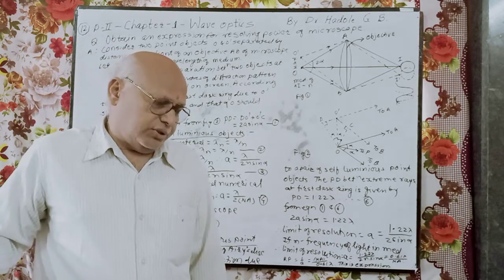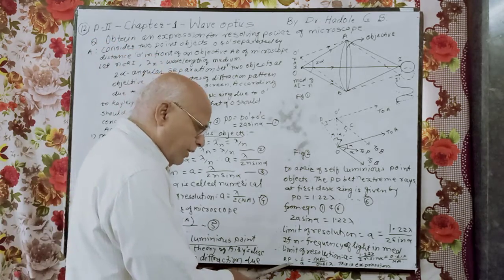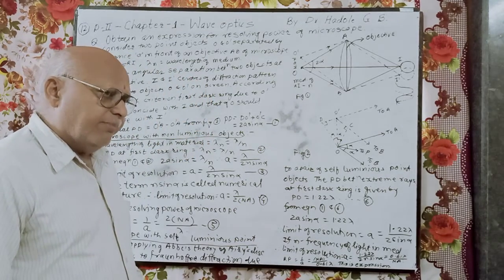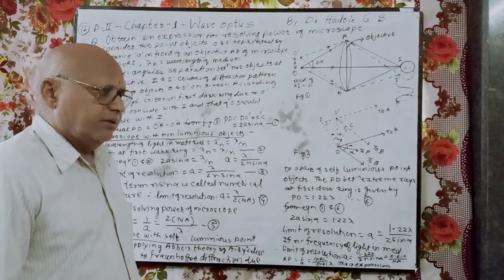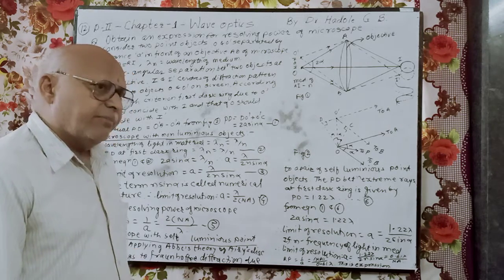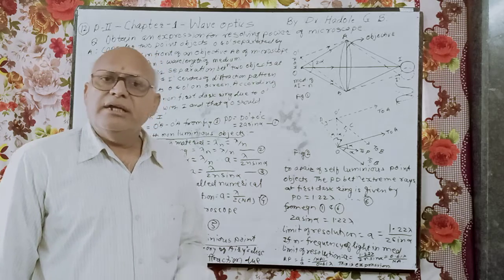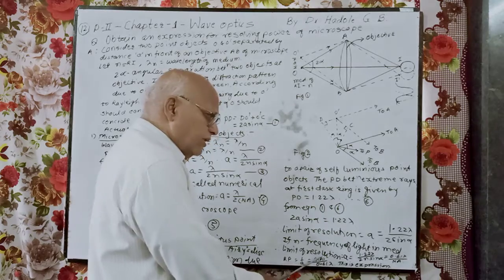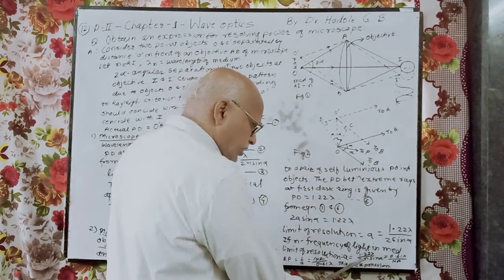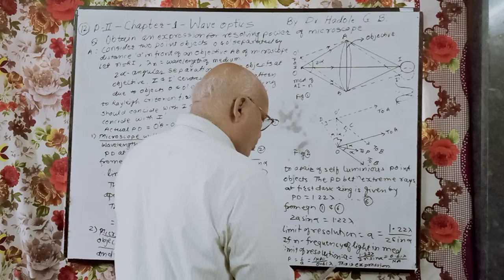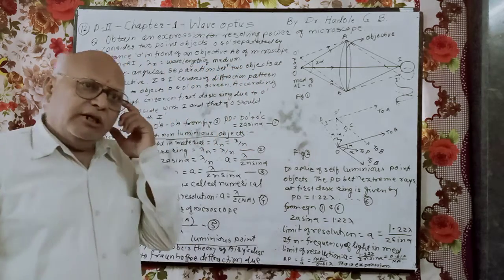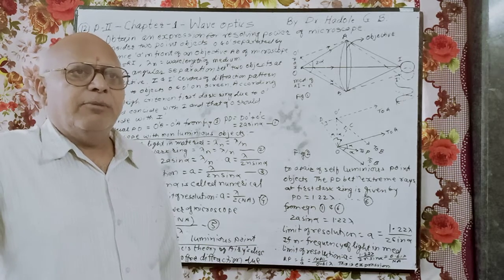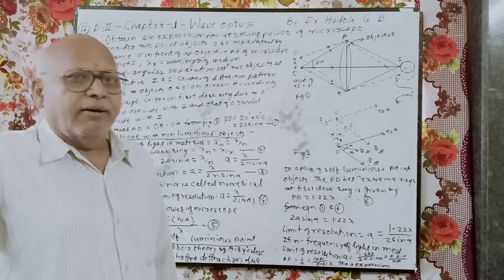Again, from this, the resolving power is inversely proportional to wavelength. If we want to increase the resolving power, then we have to decrease the wavelength. And this wavelength is to be decreased by using ultraviolet light. Next, this resolving power is directly proportional to numerical aperture, and the numerical aperture is directly proportional to the refractive index of the medium.